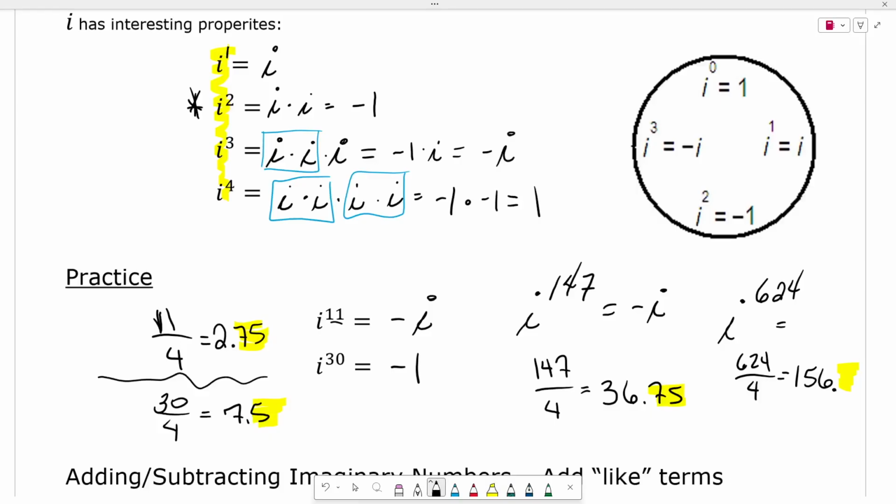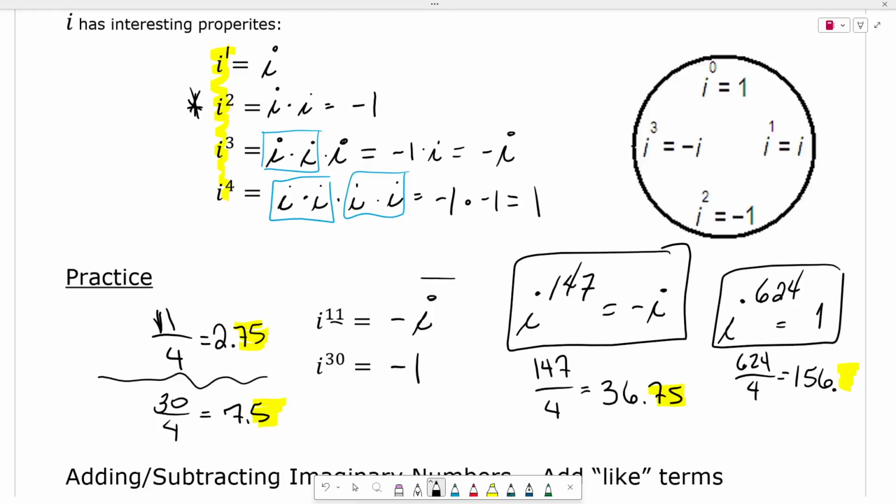That means it's a whole dollar, which is 4 quarters, and 4 quarters is 1. It doesn't matter how large the exponent is. Every time, just divide by 4, and your remainder will tell us which one of these 4 choices it will be.